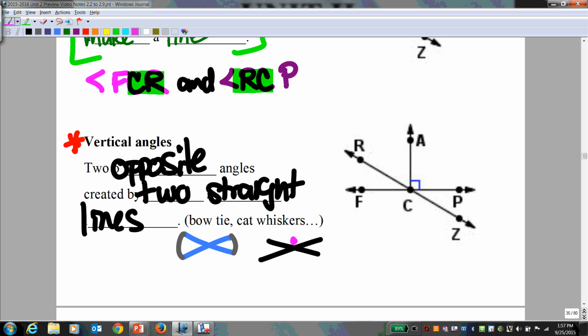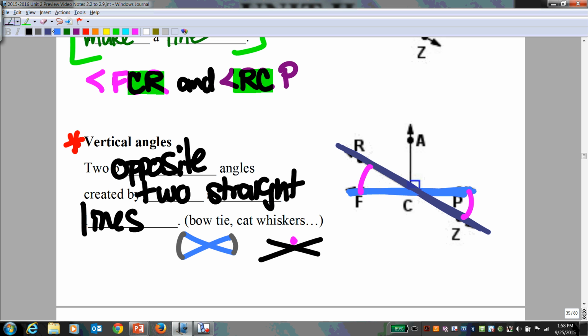Ready? Can you trace the line FP? F to P, the line. Just physically trace it. Now trace the line RZ. Physically trace it. Again, trace over FP, trace over RZ. These angles are directly across from each other. Those are called vertical angles.